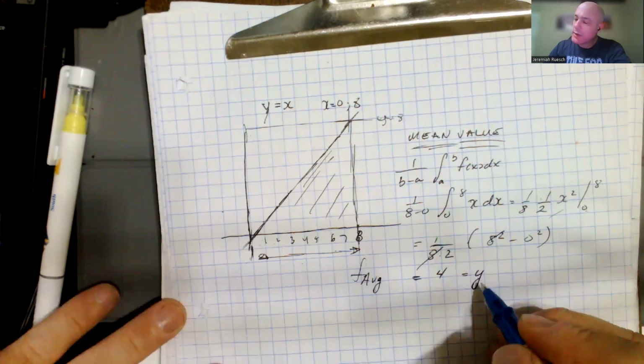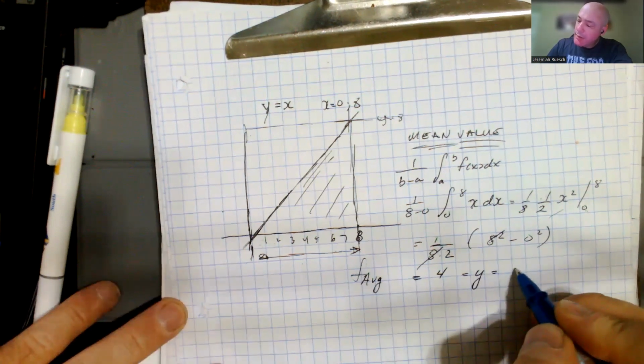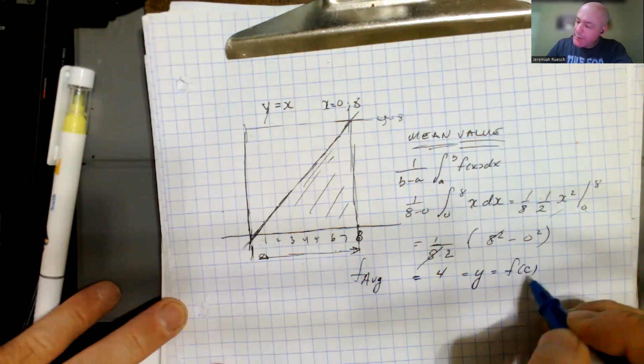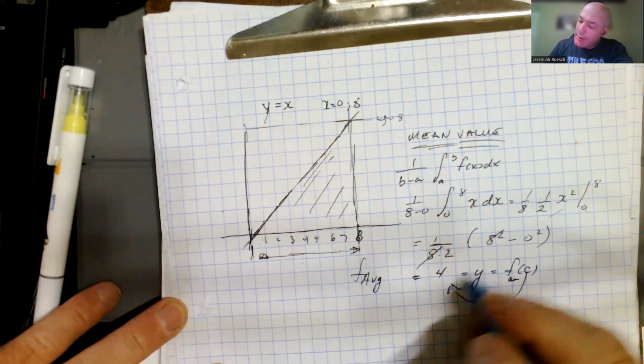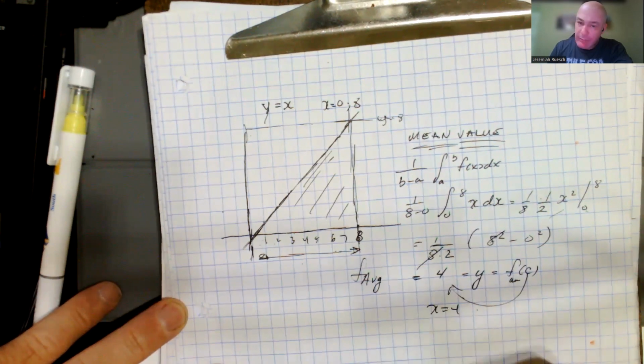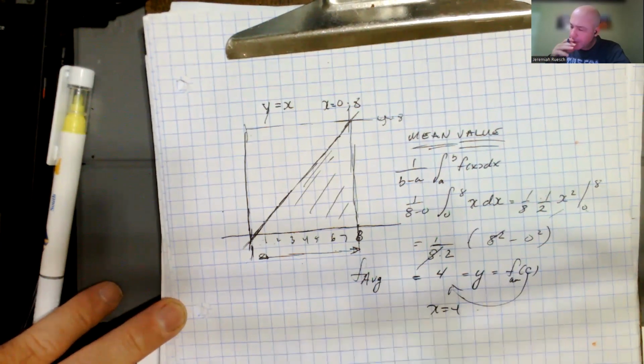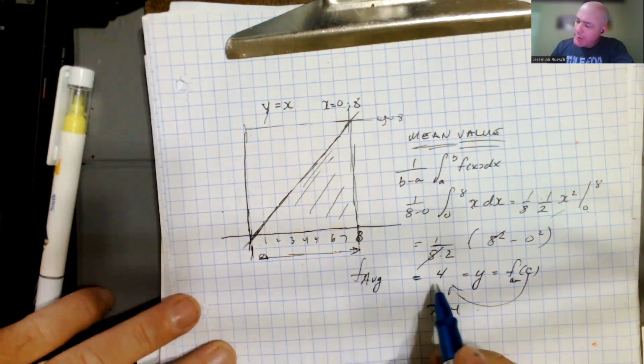Okay, so if there was an f of c that made this true, because y equals x, it's actually x equals 4 that is the same value. Okay, so what does this mean geometrically? Well, y is equal to 4.